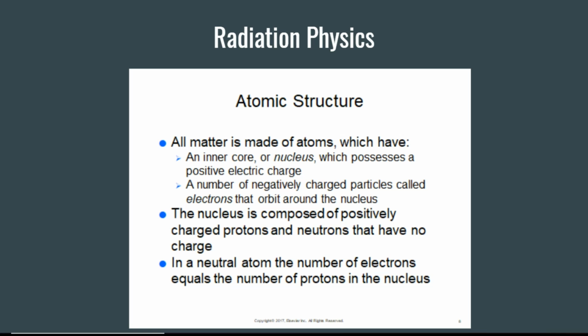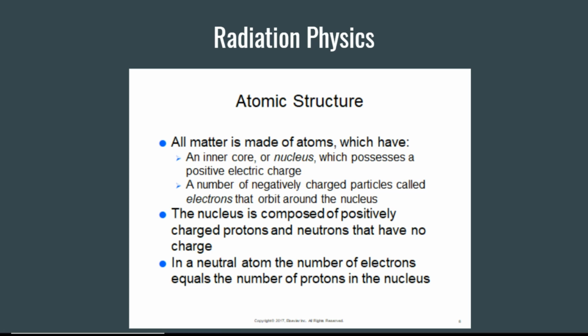So back to the nucleus. The nucleus is composed of positively charged protons and neutrons that have no charge. Think of this little tiny ball, and that ball is your nucleus. If you could break open that ball, inside there would be little tiny particles known as protons and neutrons.